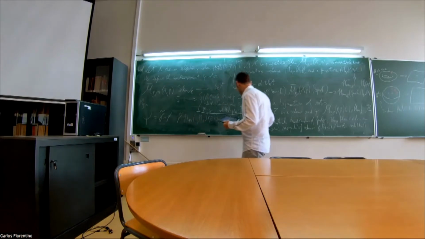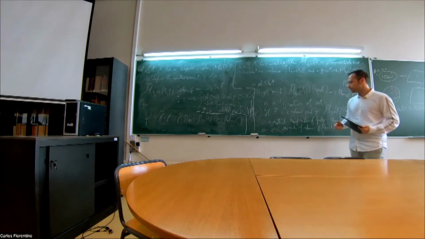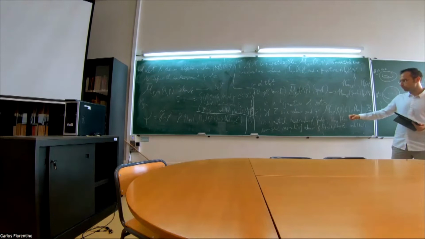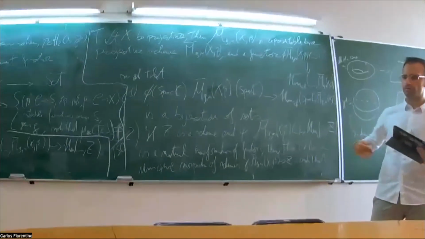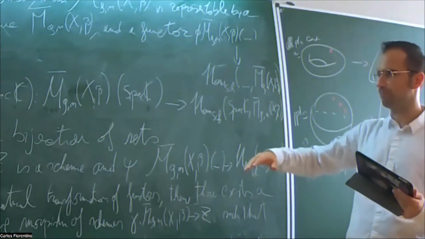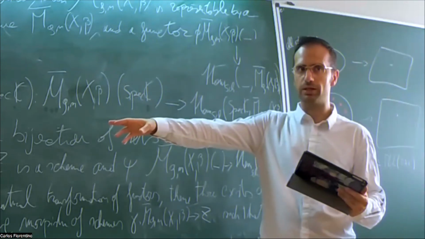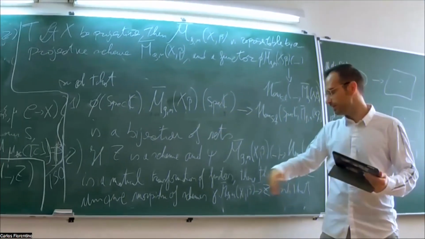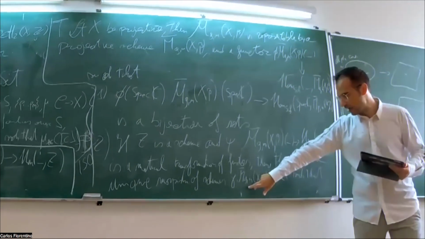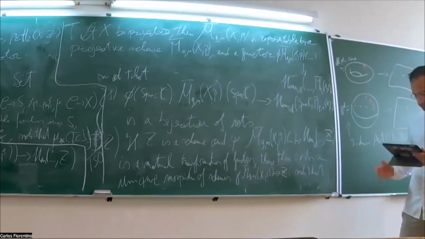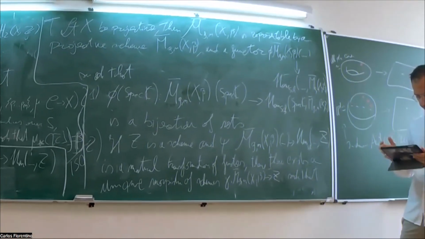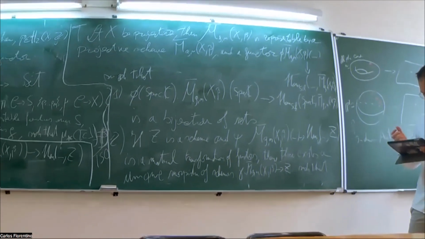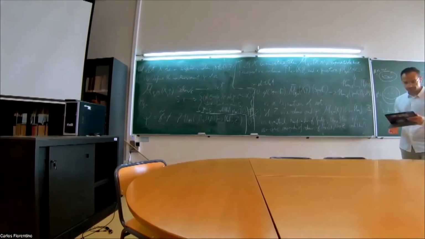So this second property means that if I have another scheme that parameterizes that object, then there is a map from M bar to zeta. Okay.